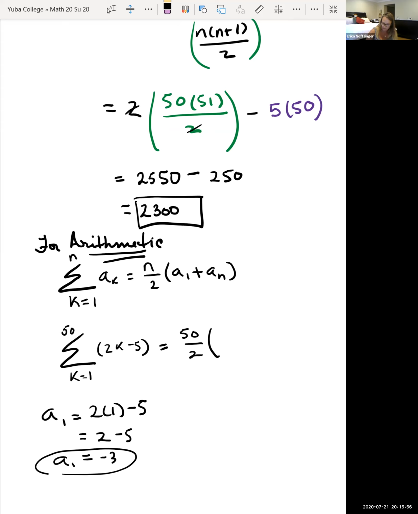So I need my a sub 1 term, which is negative 3, plus my a sub n term. We're ending at 50, so n is 50. For a sub 50, plug in 50 wherever you see a k. So we have 2 times 50 minus 5. 2 times 50 is 100, 100 minus 5 gives us 95. Plus 95 here.